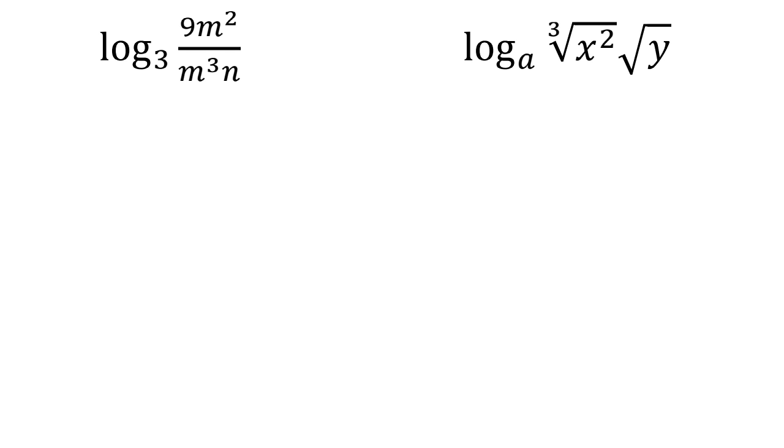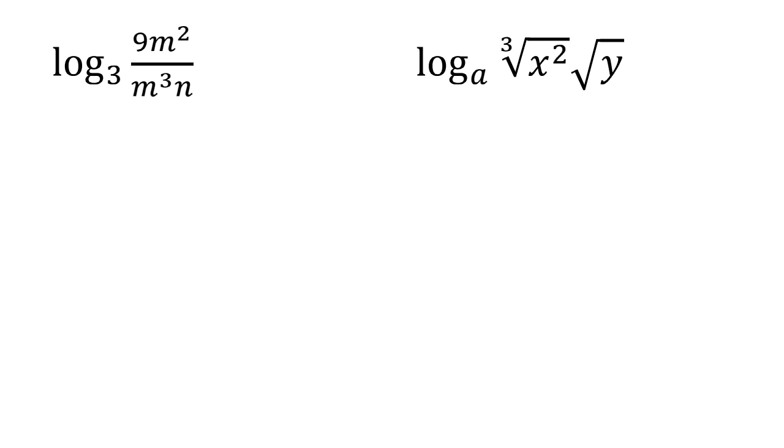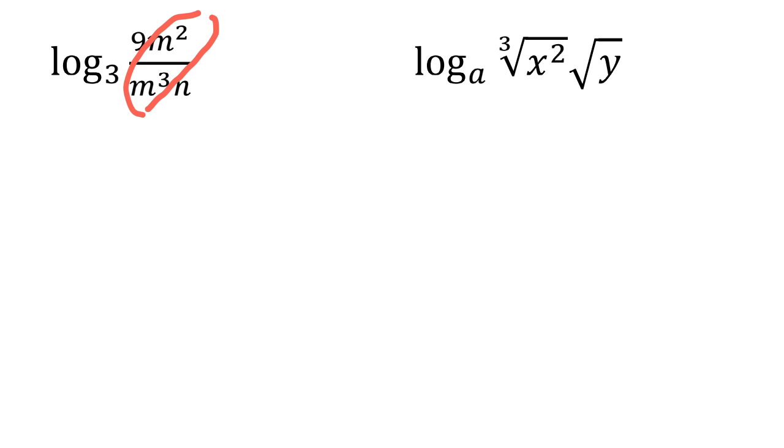And we've got a log base 3 of 9m squared. First, I'm going to reduce these. I mean, if you see here, we can actually look at reducing those. So we're going to have a log base 3 of 9 over mn.